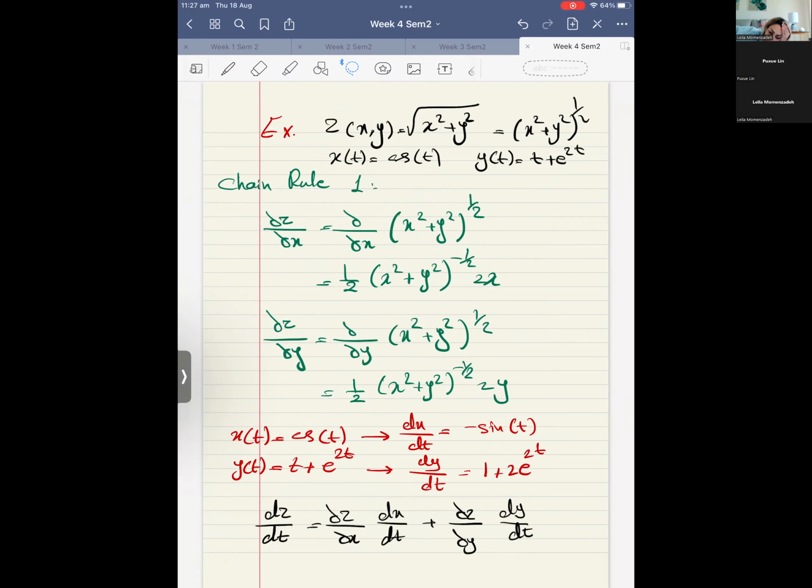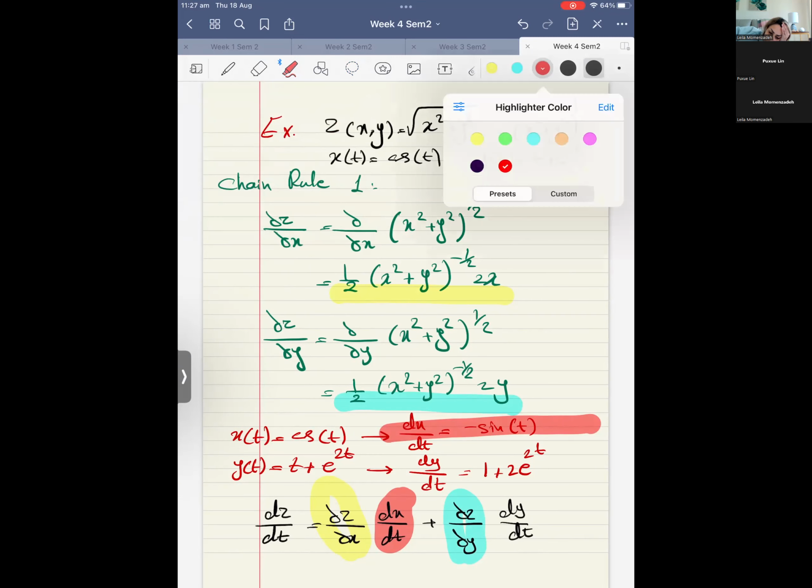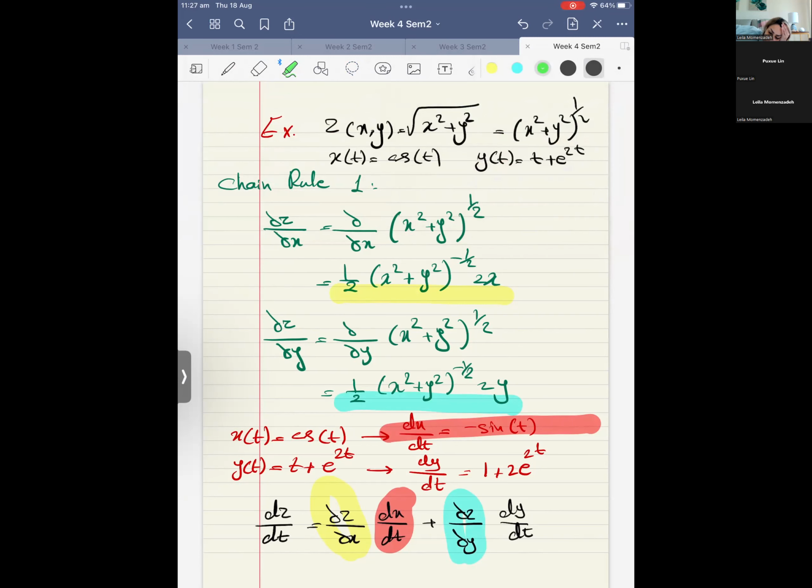You can see you have ∂z/∂x, you have ∂z/∂y, and you have dx/dt here, and you have dy/dt here. You just need to put the equation.